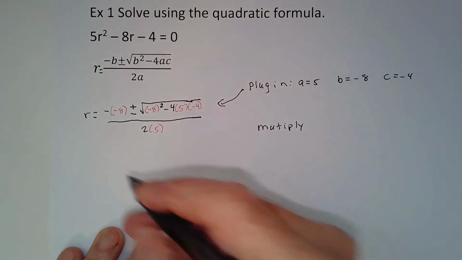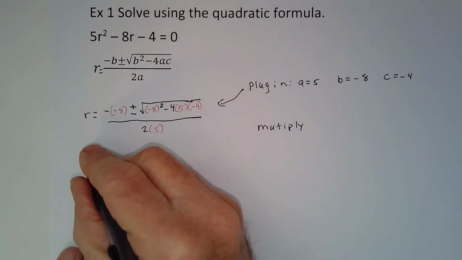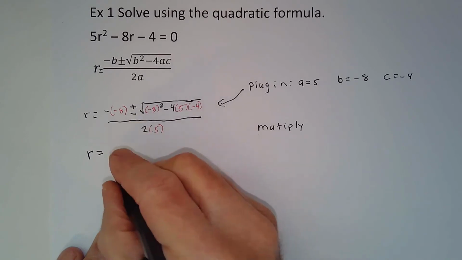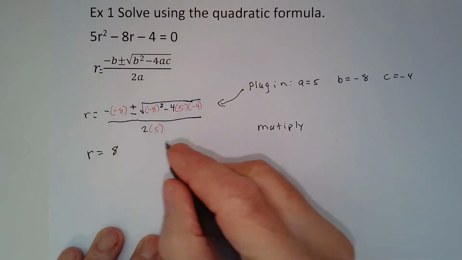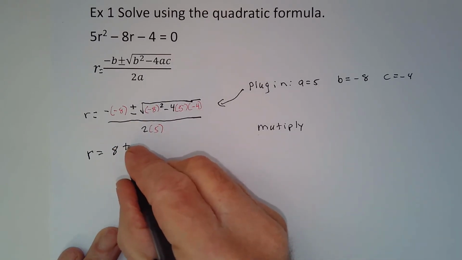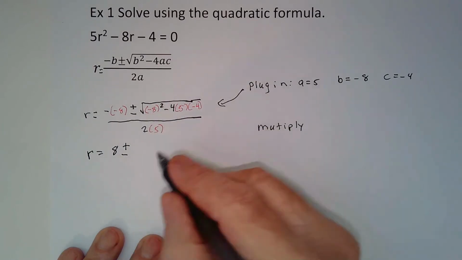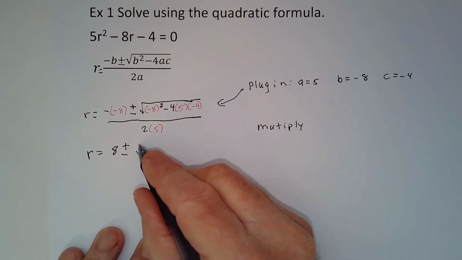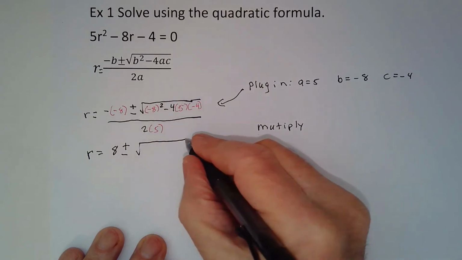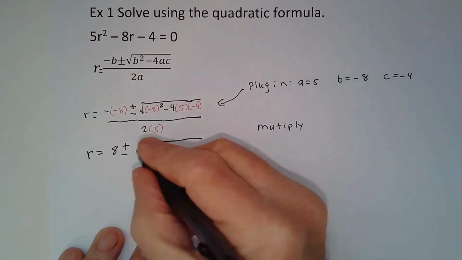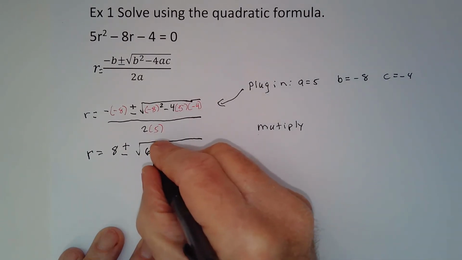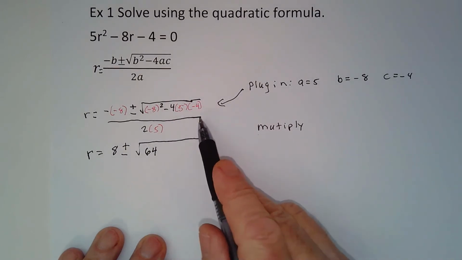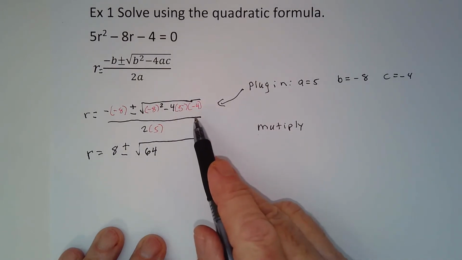So since it's multiplication, we're going to write r equals, so this is -1 times -8, or positive 8, because a negative times a negative is positive, plus or minus, and then -8 squared is 64, so plus or minus the square root of 64. Well, we got -4 times 5 times -4, so a negative times a negative is positive.